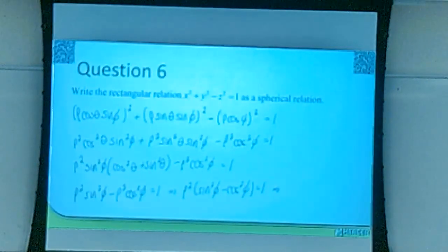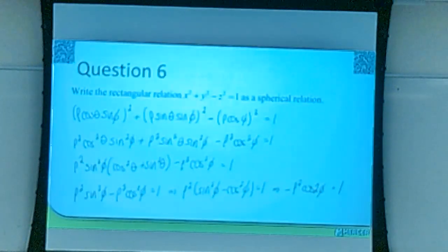So sine squared minus cosine squared would just be negative cosine of 2 phi. That equals 1. That would be fine.